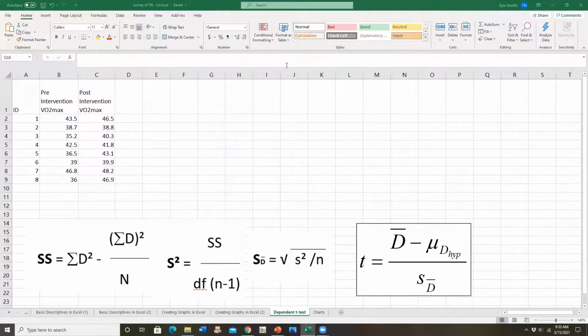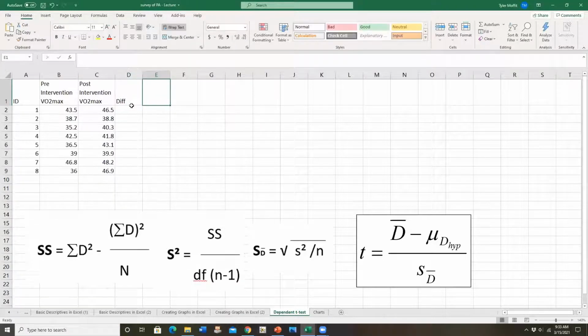Okay. So our first step is to calculate our mean difference. We will also need a column for the difference squared.